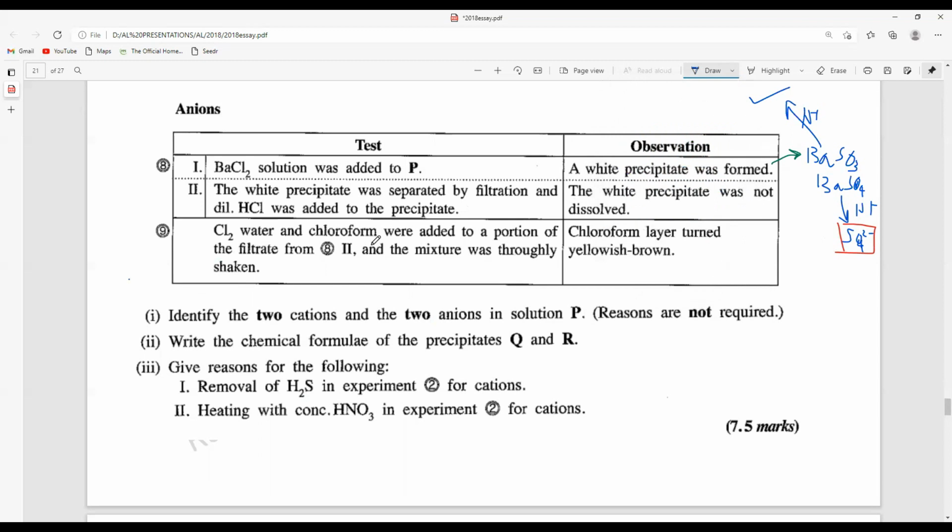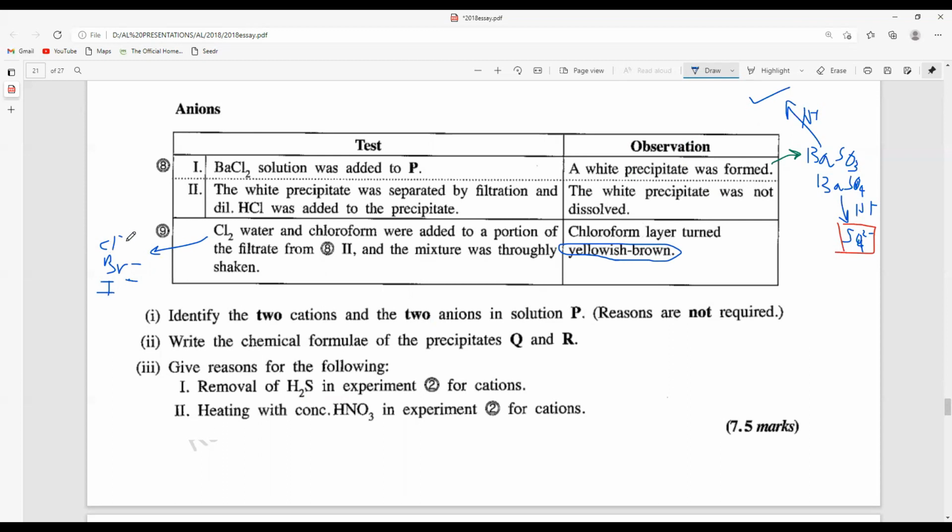Chlorine water and chloroform were added to a portion of the filtrate from 8.2, after precipitating out barium sulfate, and the mixture was thoroughly shaken. The chloroform layer turned yellowish brown. We can perform the chlorine water tests for Cl minus, Br minus, and I minus.